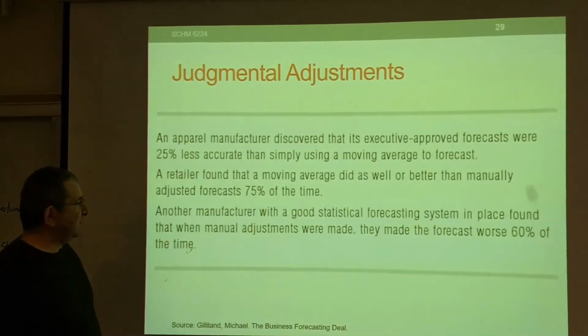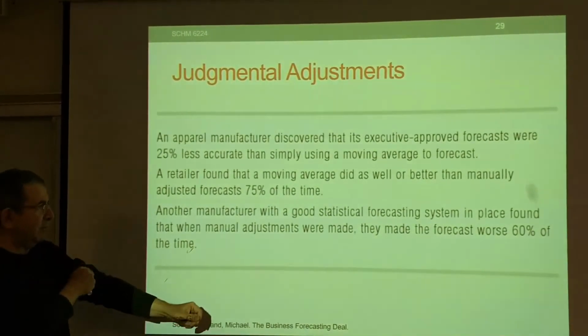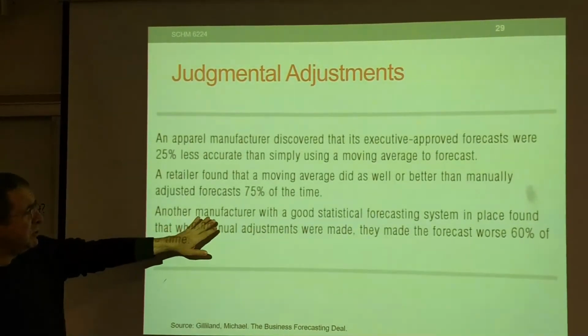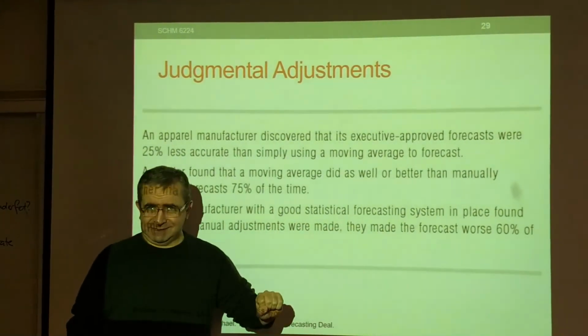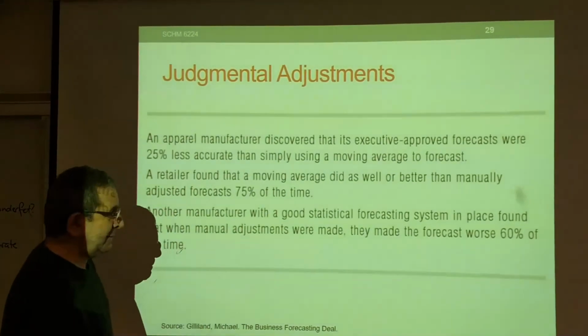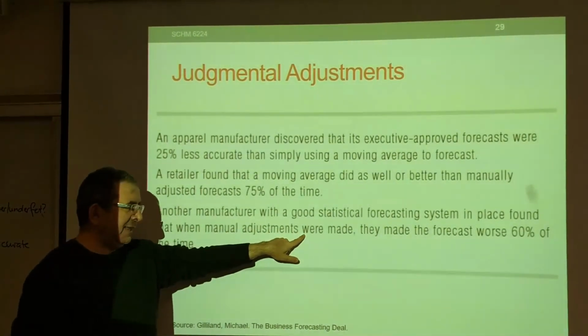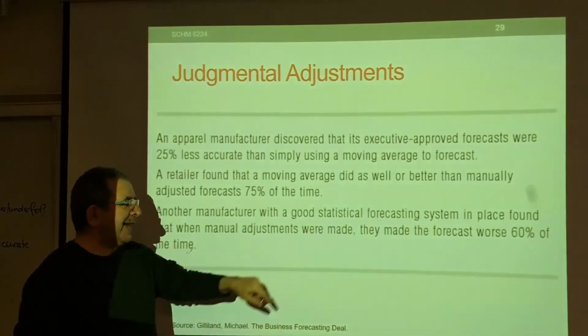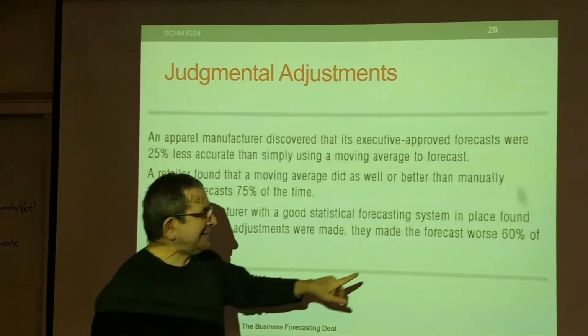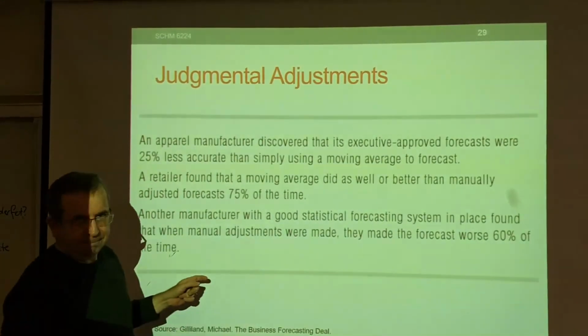Here's another observation from the study. Another manufacturer with a good statistical forecasting system in place found that when manual adjustments were made, they made the forecasts worse 60% of the time.